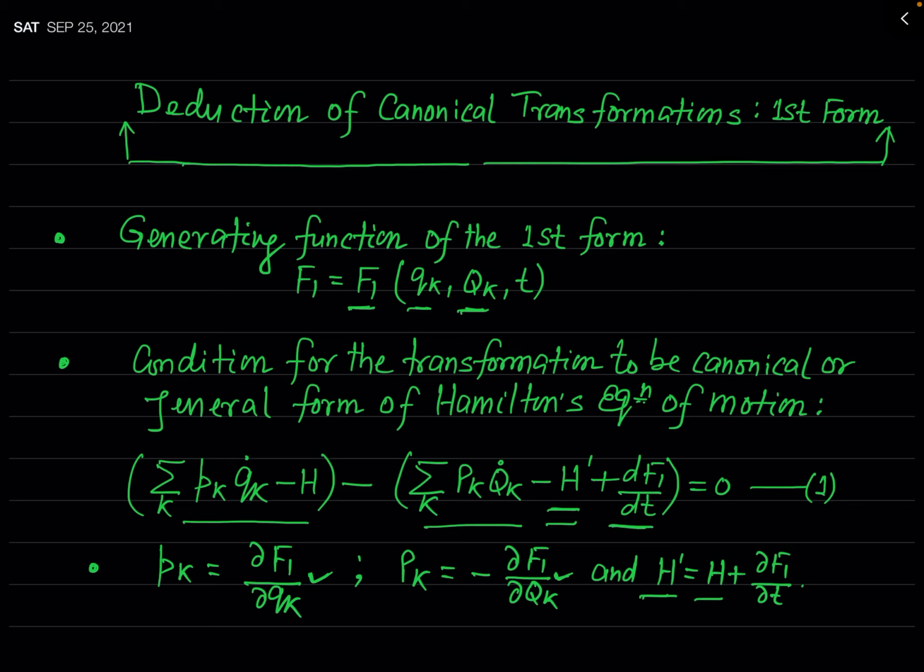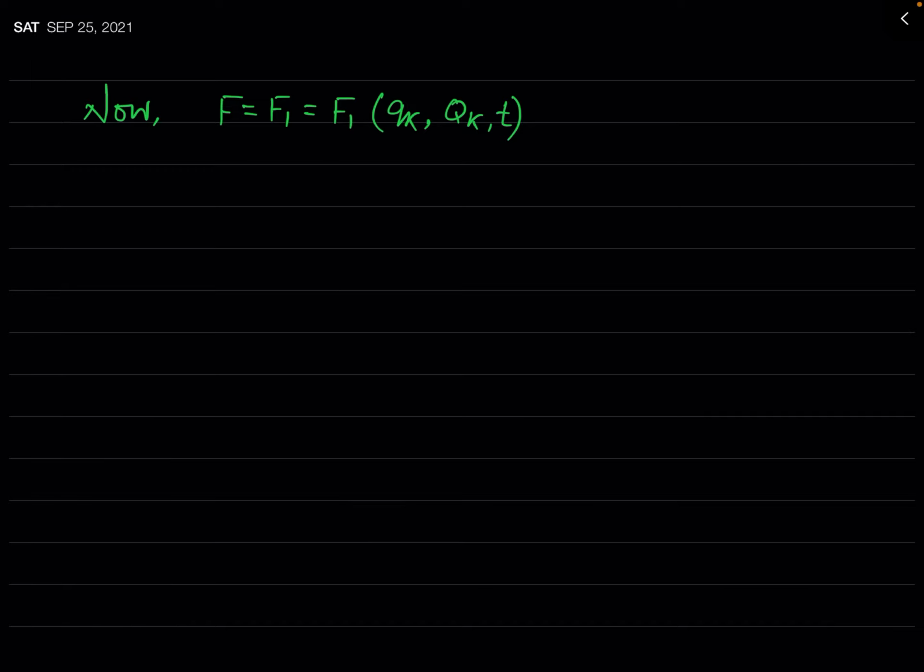Simply you have to evaluate df1 by dt, and after that we will substitute that value of df1 by dt in this equation 1, and then you will see that these relations which I have mentioned here will be directly proved. So let us start to establish these relations.